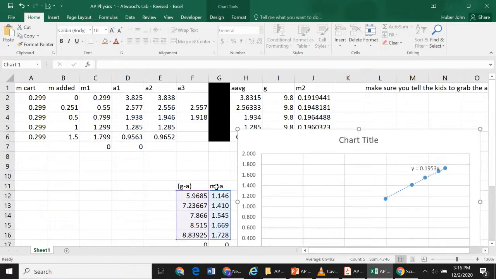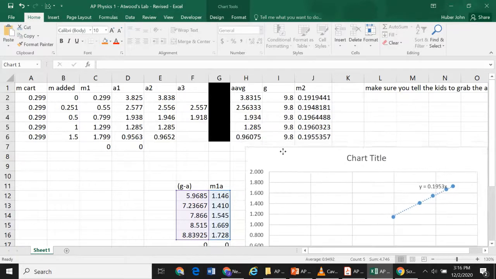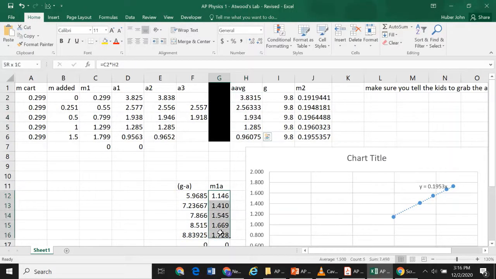Or I should say, as the acceleration gets smaller because the mass gets bigger, notice the acceleration here is decreasing. You would think that might make M1A smaller, but the fact that the mass is going up by so much actually makes M1A bigger. And here, notice the acceleration being smaller makes G minus A smaller.